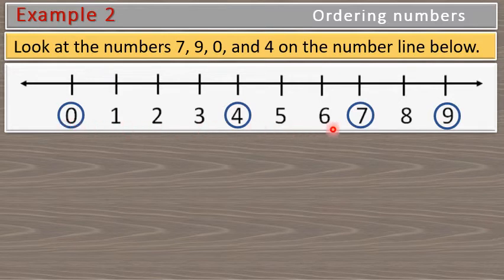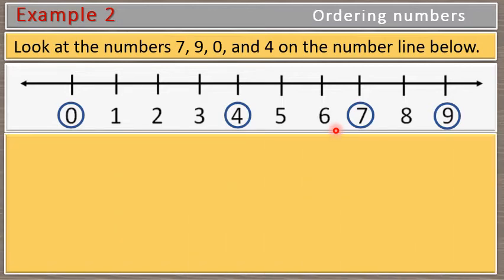So these are the 4 numbers given. We have to arrange these numbers in ascending order and in descending order. Here let us have a simpler approach which we are doing just by observing the numbers marked on the number line.